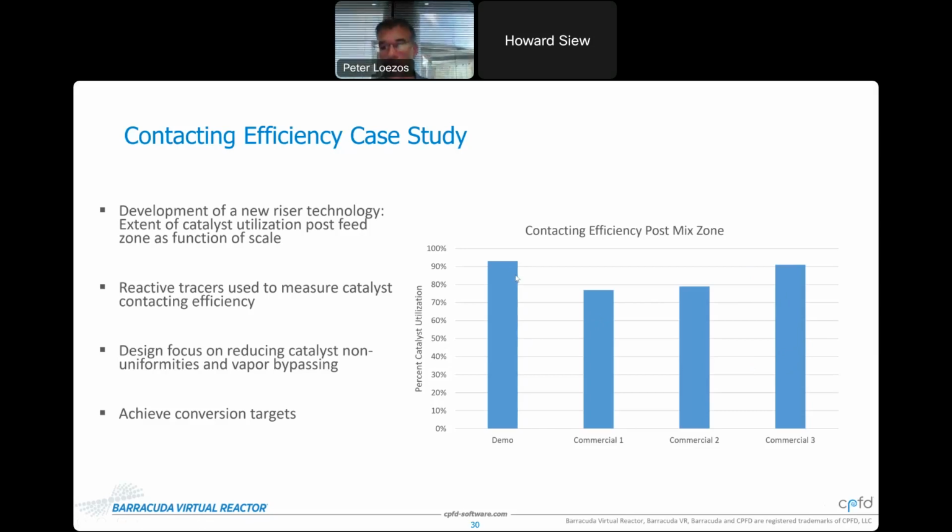And the way we did this was by disrupting those natural radial gradients in the riser. So the design focused on reducing catalyst non-uniformities and vapor bypassing. And by doing this, we were able to help this client achieve conversion targets. And commercial 3 was what was finally implemented.